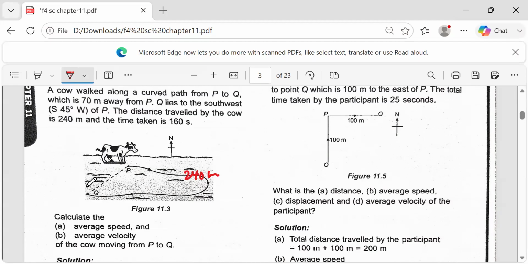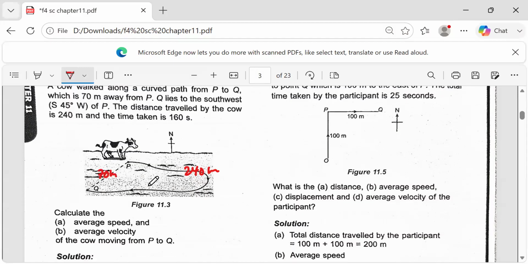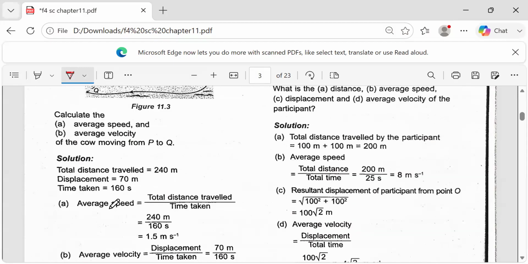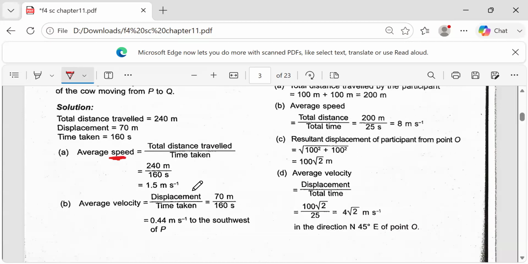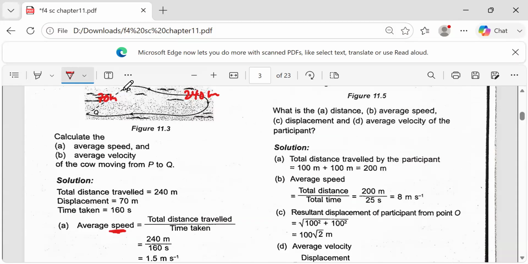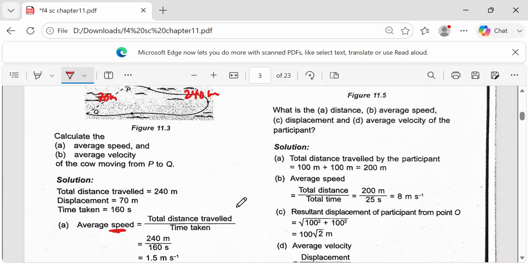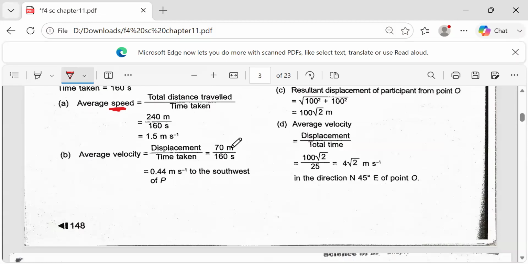From here to here is 70 meter. Speed is the distance it actually travelled, so it's 240 meter over the seconds. Velocity is the shortest distance, so velocity is 70 over 160.